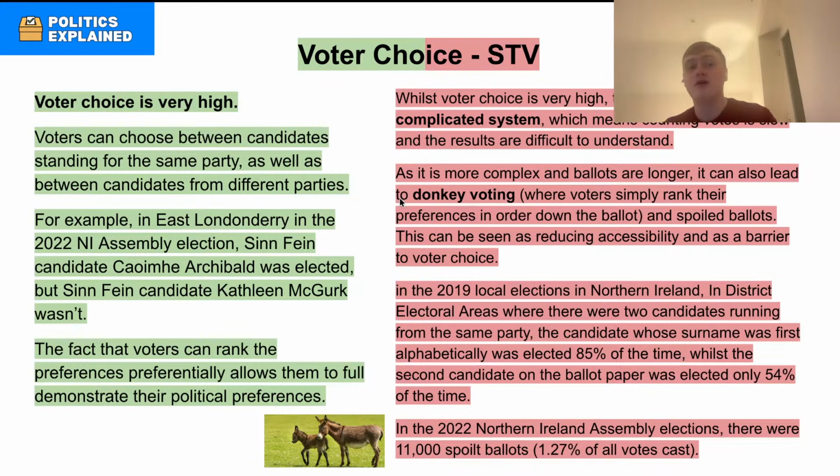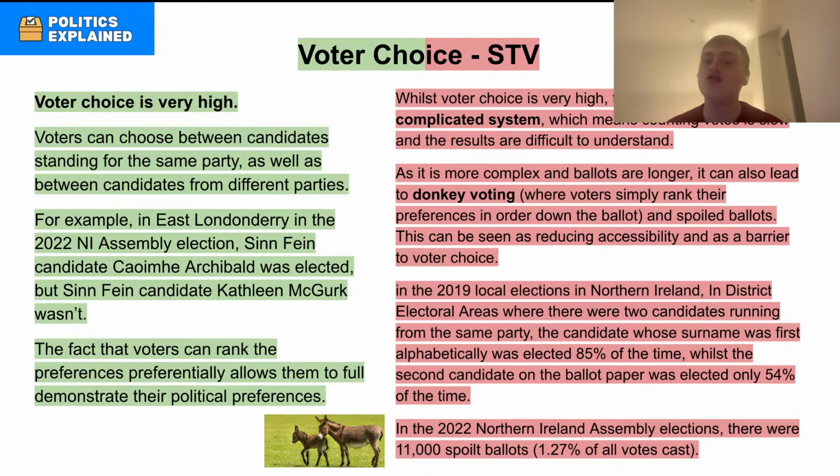STV, very similar. Voter choice is very high because you can choose between candidates from different parties in terms of how you can do the ranking, which is really strong, you get a lot of choice, and you can fully demonstrate your preferences by ranking all of your candidates. On the other hand, it leads to a more complicated system, and this can be seen as bad for voter choice and discouraging voting and turnout in a way that first past the post doesn't.